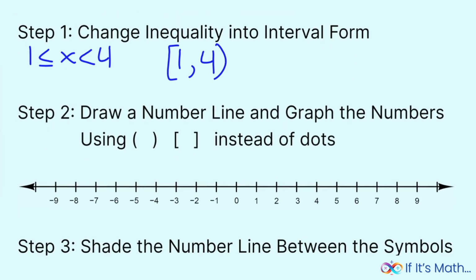So step 2, again, we're going to graph those using the symbols. So I've got 1 here, and I've got to use this left bracket because that's what's touching the 1. Let's go ahead and put that left bracket on 1. Then for 4, got parentheses. So here at 4, I need to draw that close parentheses.